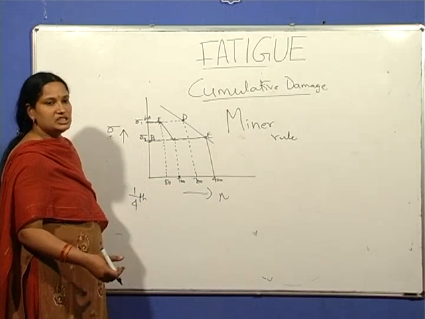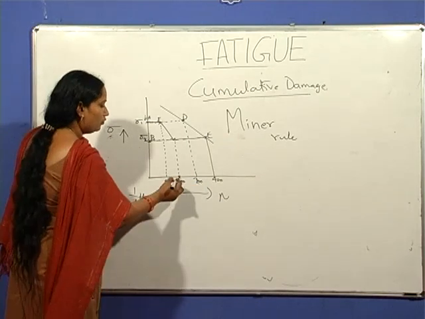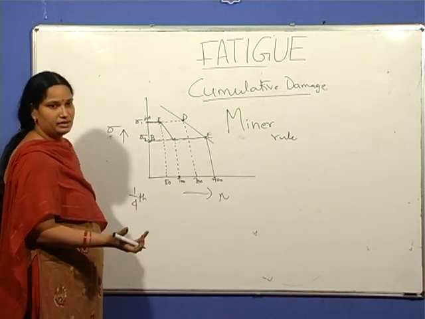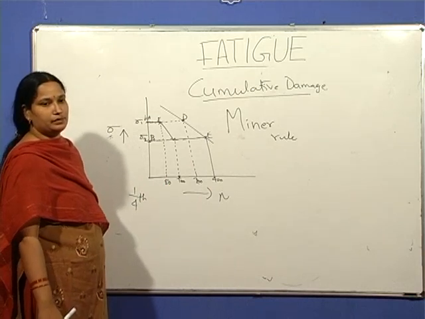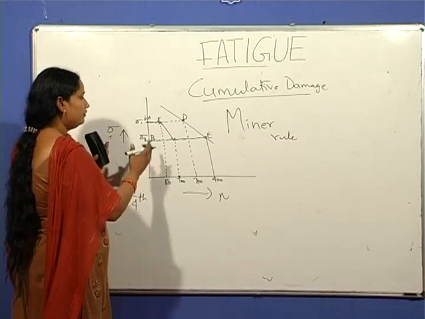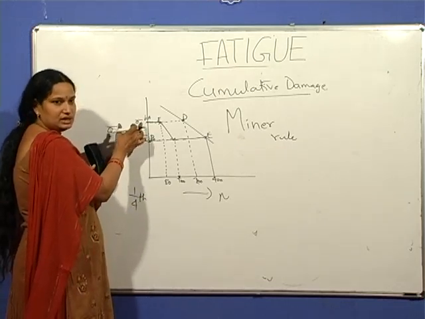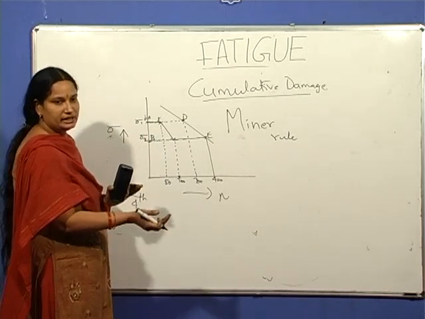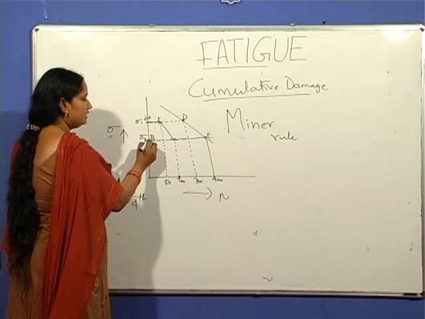So, the percentage of damage accumulated is again 1/4 of the total life, that is 100 by 400, is again 1/4 of the total life of the component. So, the percentage of damage accumulated when it is stressed at one value of stress is equivalent to the percentage of damage accumulated when it is stressed at another stress level, that is sigma 2.